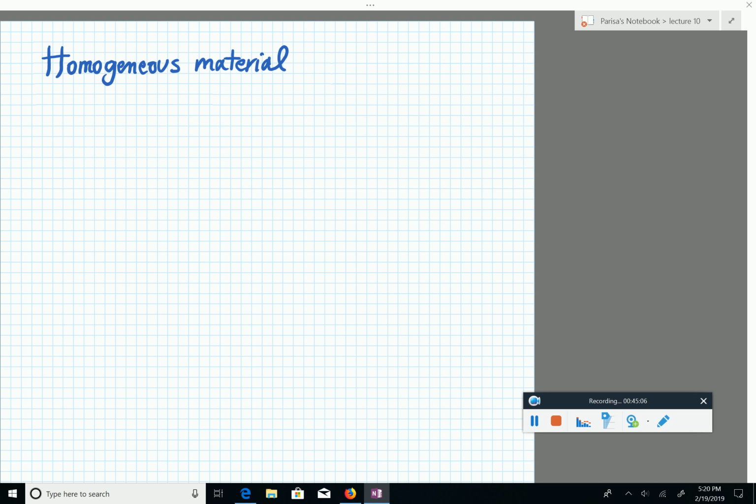So properties do not vary spatially. This is kind of a fancy word to say that, everywhere you look, it should be the same. So tell me, what does it mean for C_IJKL?